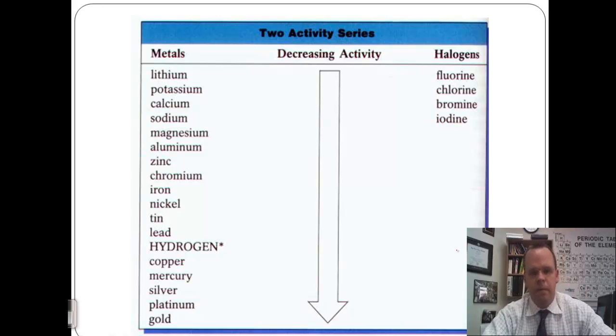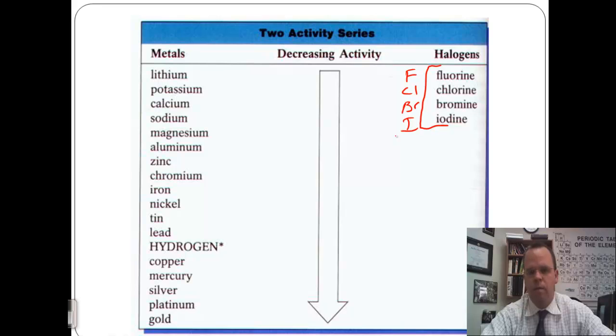Now, with single replacement reactions, we have to use an activity series. Only things higher on the chart can replace things lower on the chart. So lithium can replace any other metal. Fluorine can replace any other halogen. This side, the halogens, follows the periodic table exactly. If you look at the periodic table, it goes straight down the periodic table.